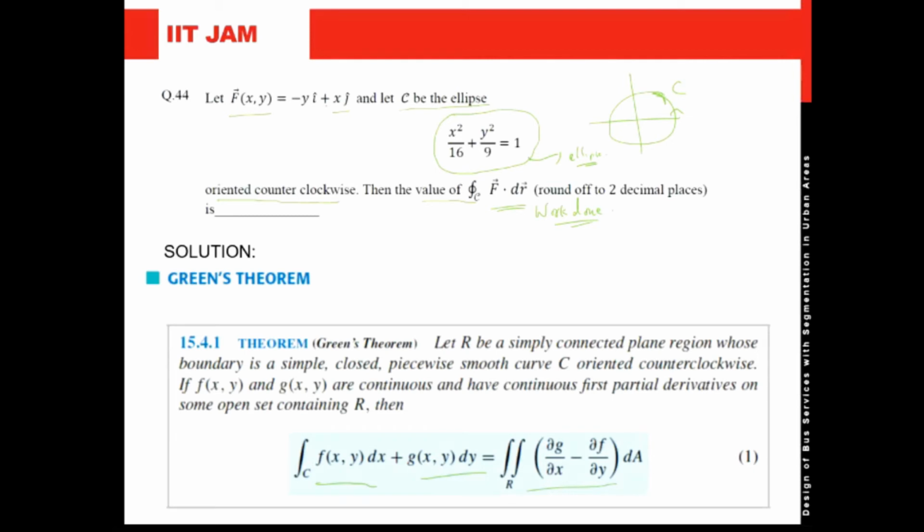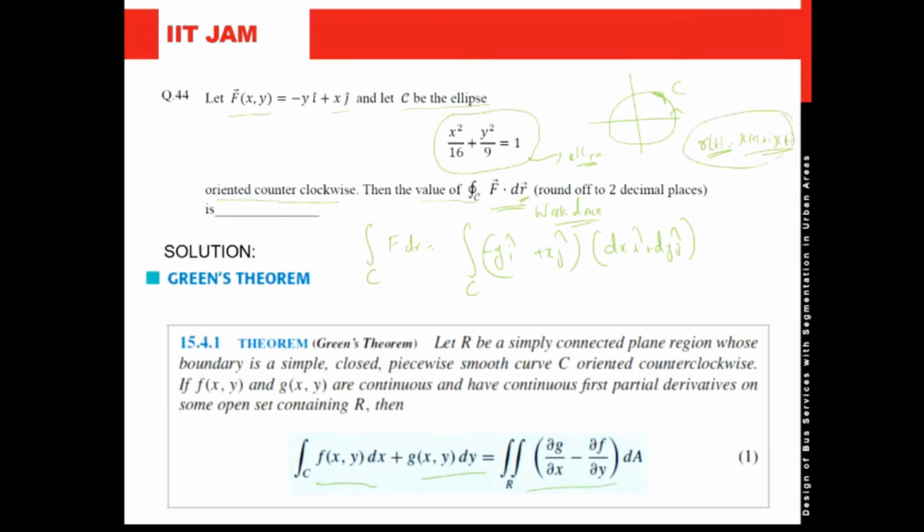Before going to that, the integral over C of F dot dr is equal to the integral over C of minus y i plus x j dot dr. We write dr as dx i plus dy j. That is our path; we denote it r. r of t is the path, that is x of t i plus y of t j.